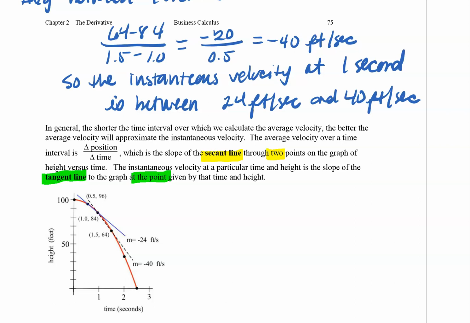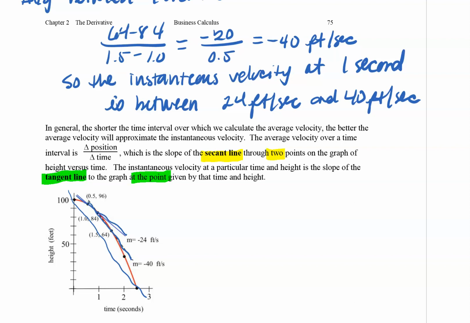If I were to take the average from 0 to 2.5 seconds, it would be a secant line through those 2 points. We were trying to figure out what was going on at 1 second. If I look at the secant line between a half and 1, we get this one. If we look at the secant line between 1 and 1.5, we get this one.